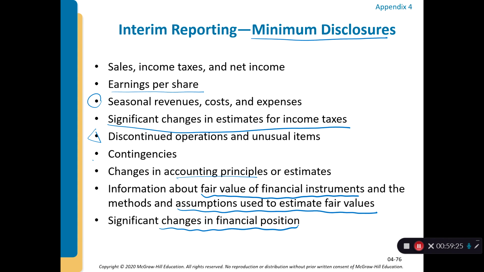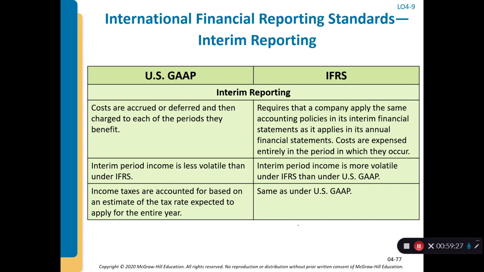Okay. And then lastly, we wanted to compare the International Financial Reporting Standards interim reporting versus US. As we already stated, the cost is supposed to be accrued or deferred and then charged to each period that they benefit.